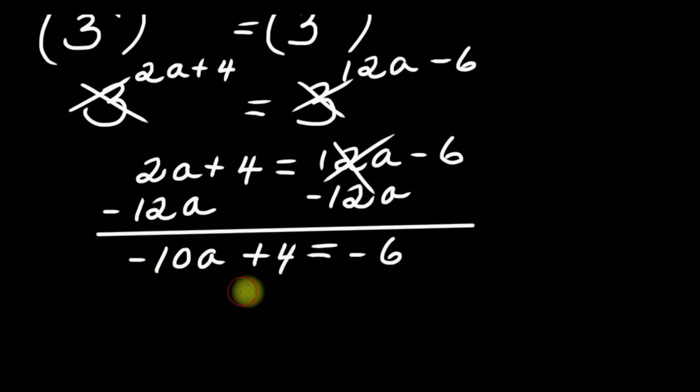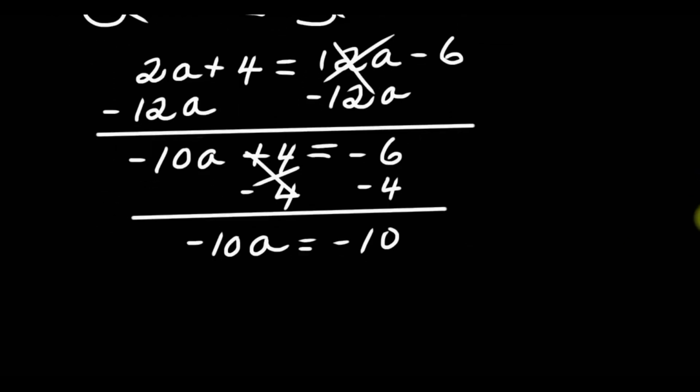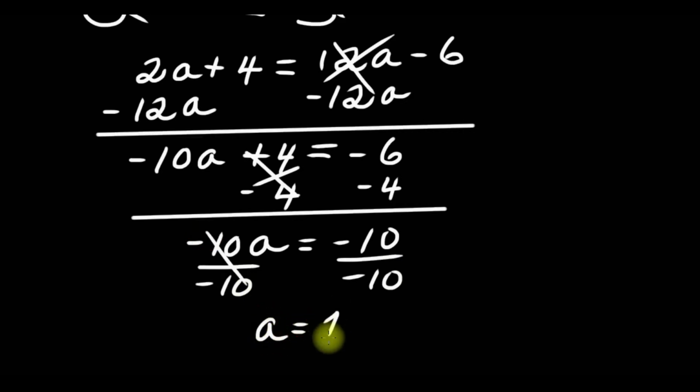And then take away 4, take away 4. So I have negative 10a is negative 10. And then to get the a, I would have to divide by negative 10. Divide this by negative 10, divide this by negative 10. So a is 1.